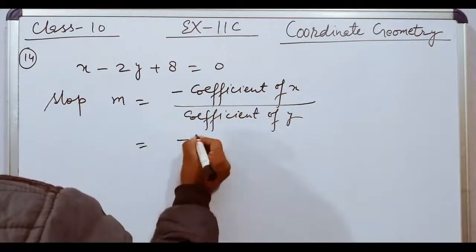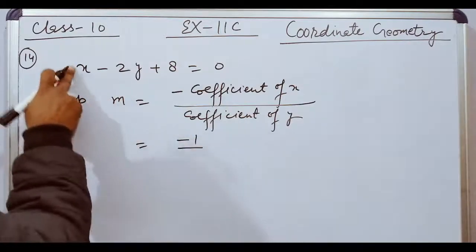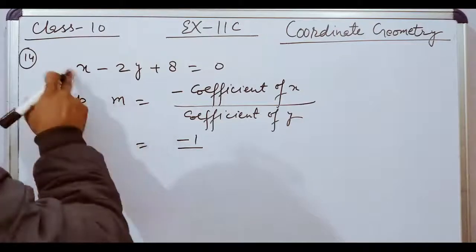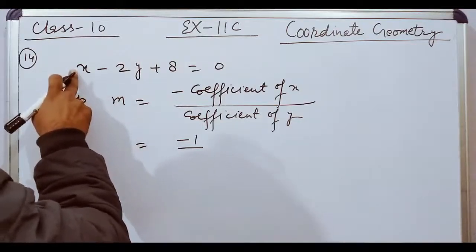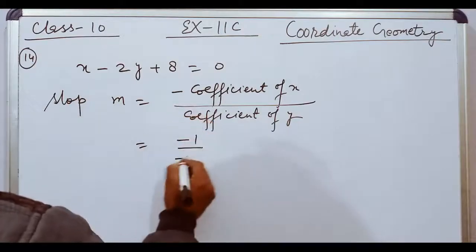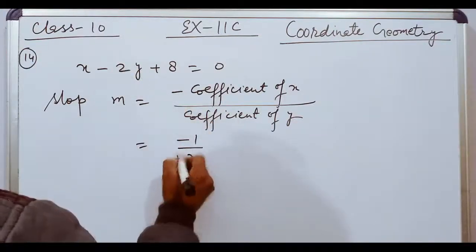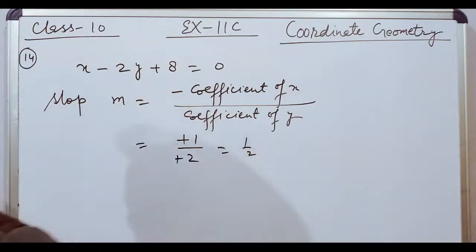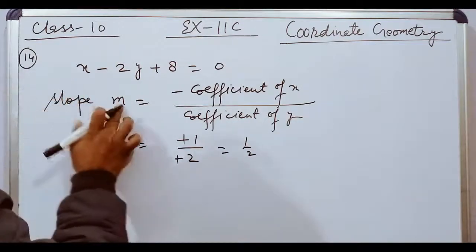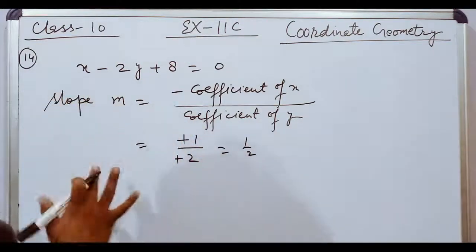Coefficient of x is 1, and coefficient of y is minus 2, so m equals plus 1 upon 2. So for the parallel line, slope m equal to 1 upon 2.